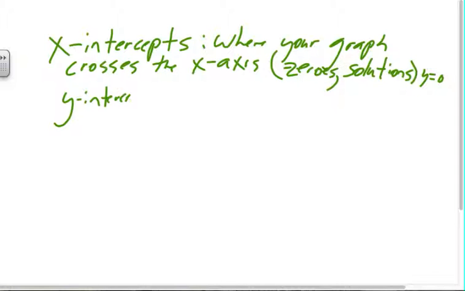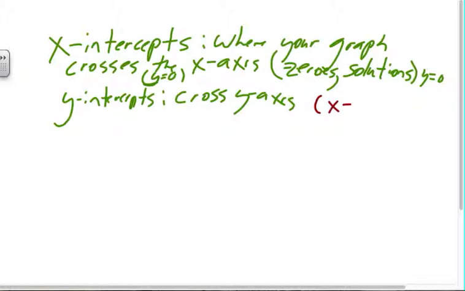y-intercepts, where it crosses the y-axis. So to find x-intercepts, y equals 0. To find y-intercepts, x equals 0. So why, you say? Well, let's take a look at an example here. Remember, x-intercepts are where it crosses the x-axis. So there is 1.